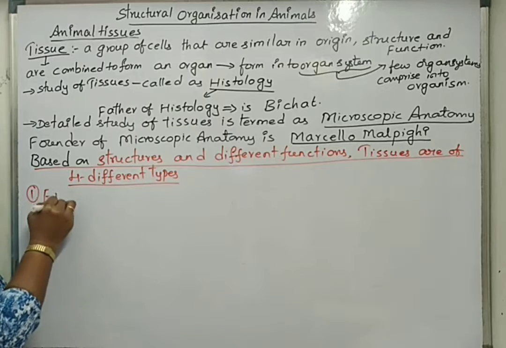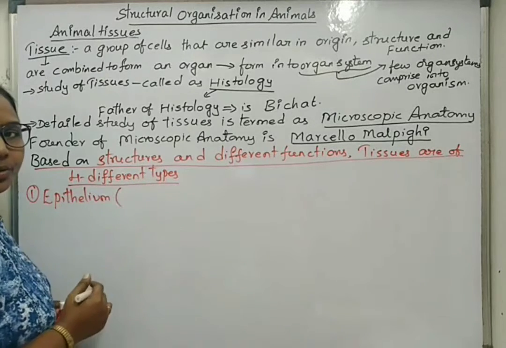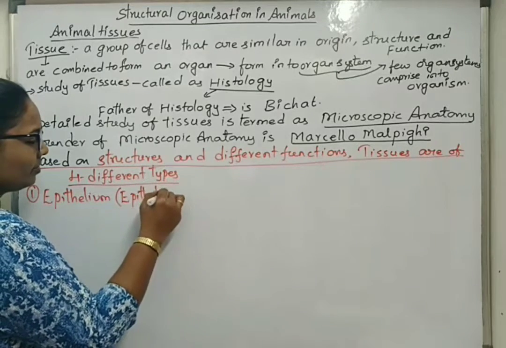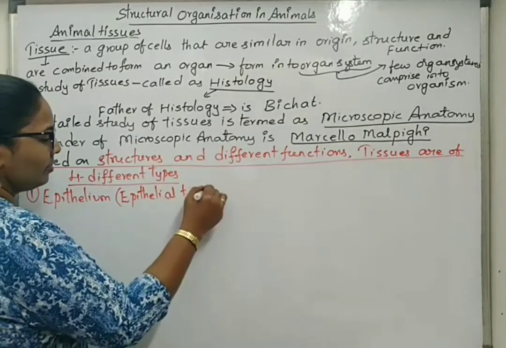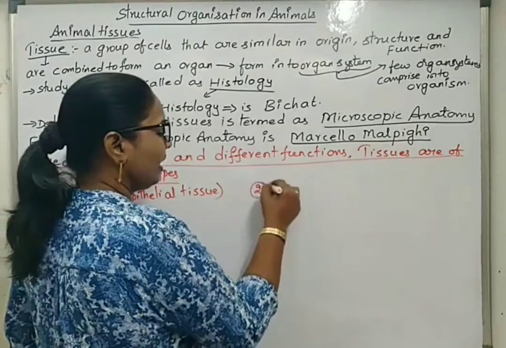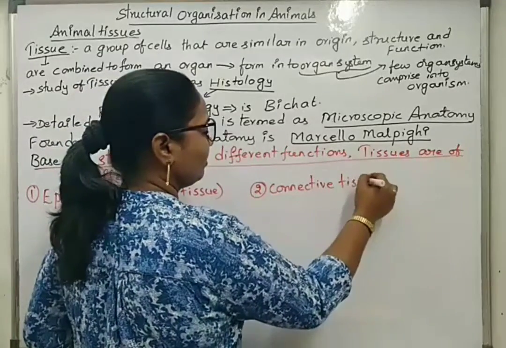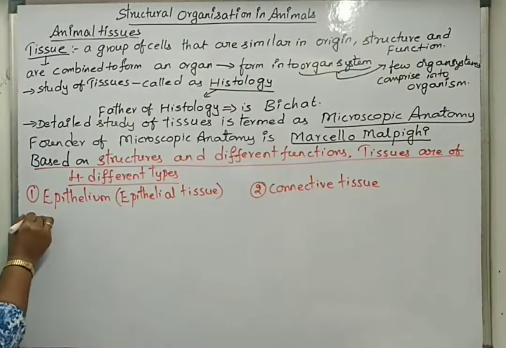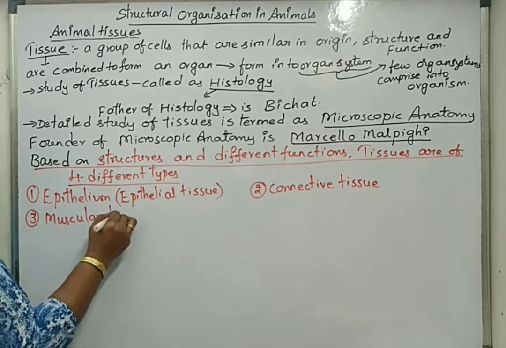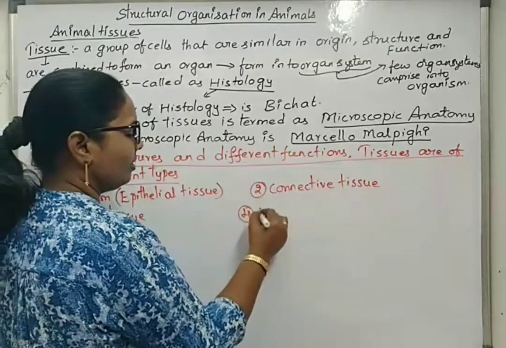One is epithelium, also said as epithelial tissue. Second one, connective tissue. Third one, muscular tissue. Fourth one, nervous tissue.